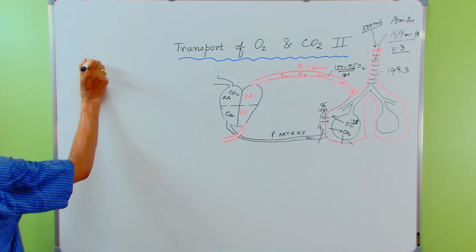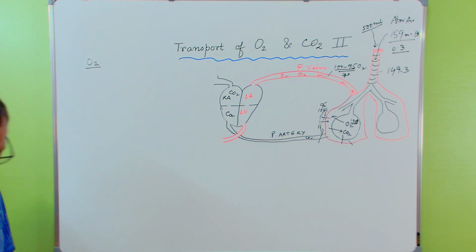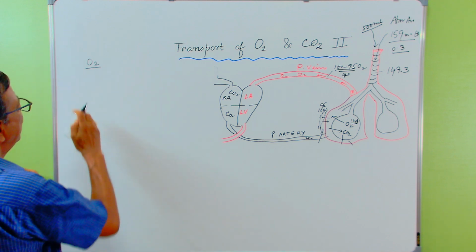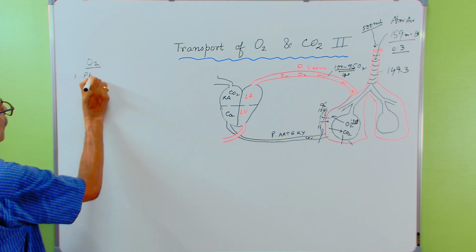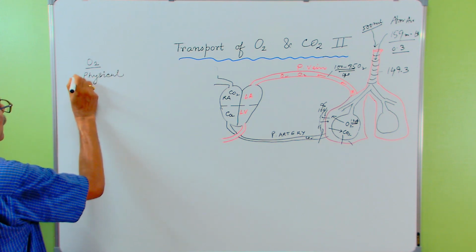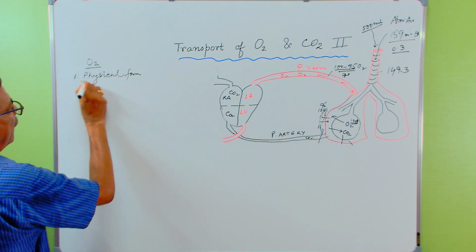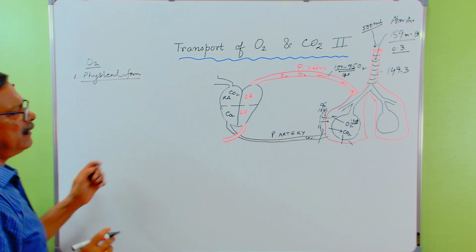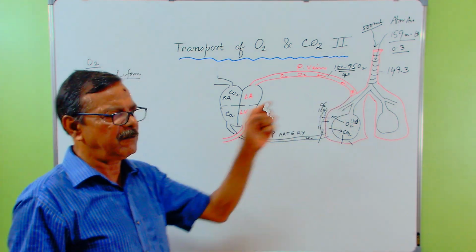Oxygen is carried by the blood in two forms. Number one, in physical form. Oxygen here remains in physical form.